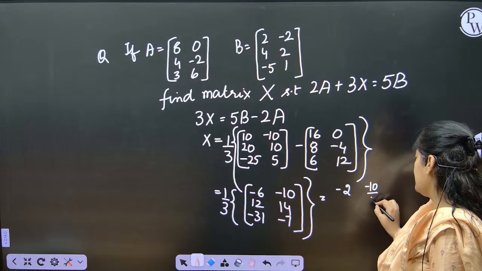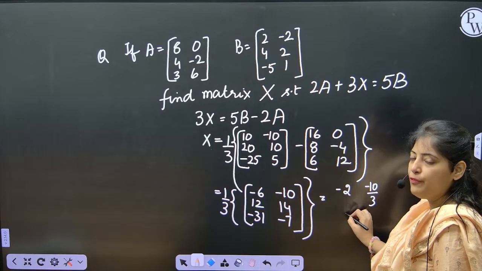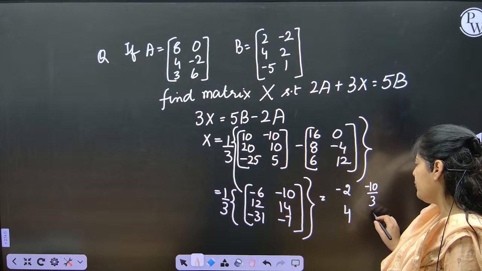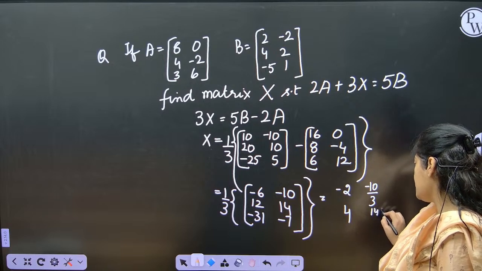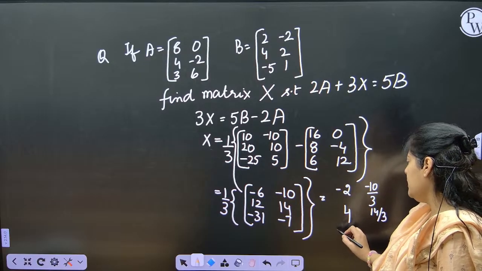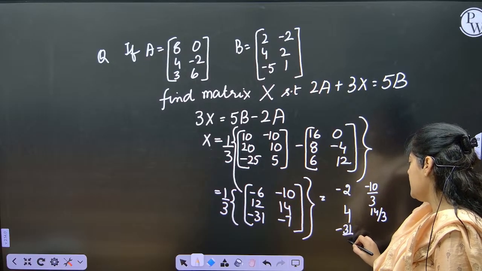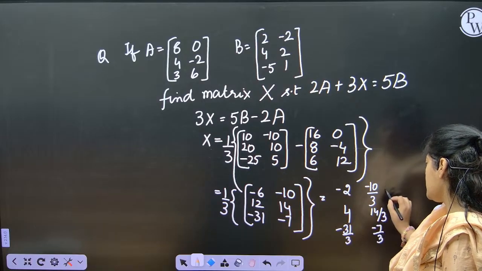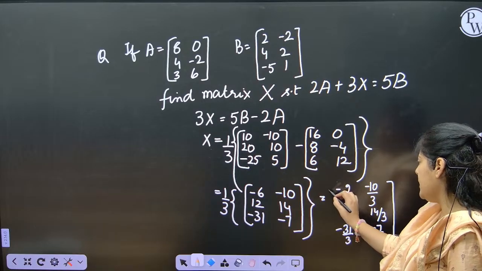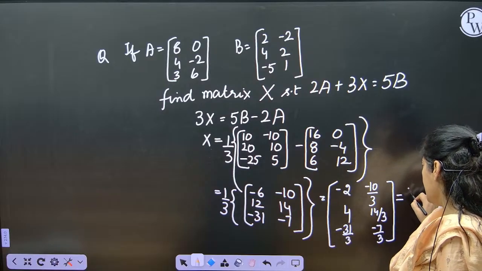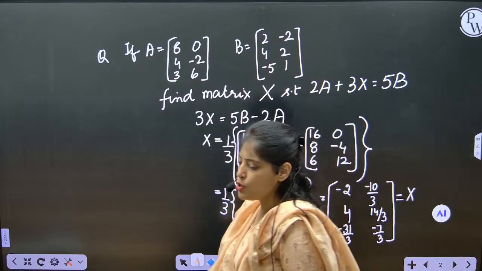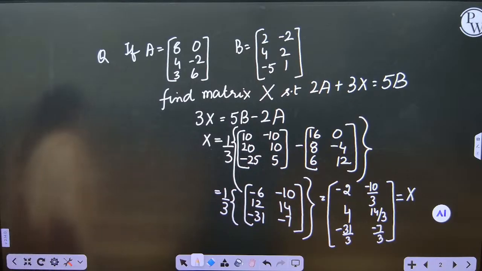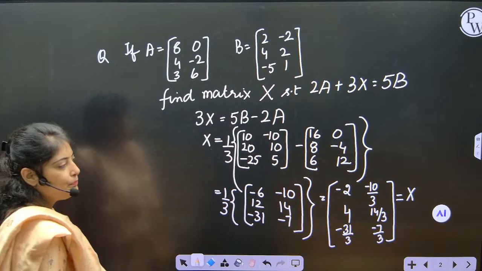Minus 10 stays. 12 is divisible by 3, so it comes out to be 4. 14 is not divisible by 3, and minus 31 and minus 7 are also not divisible. So this is the required matrix X, and this is the answer. Whichever option is correct, you can tick that.